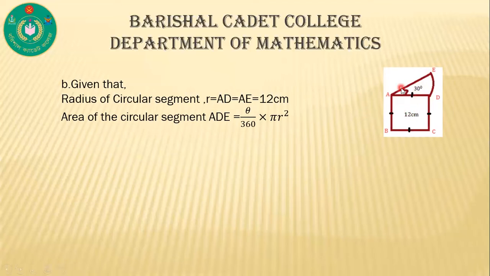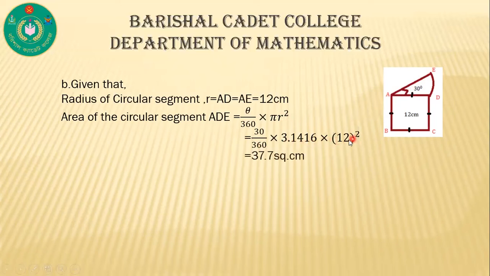So we know the area of the circular segment ADE is equal to theta by 360 into pi r square. Here r is equal to 12, pi is equal to 3.1416 and theta is equal to 30. Now putting this value, then we can write 30 by 360 into 3.1416 into 12 square. After calculating, then we can write 37.7 square centimeter.